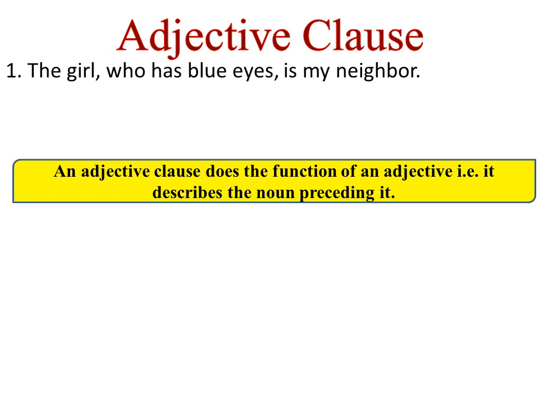Now, you have to check which part of the sentence makes complete meaning. Yes, you're right. The girl is my neighbor makes complete meaning, while the fragment who has blue eyes is giving more information about the girl.